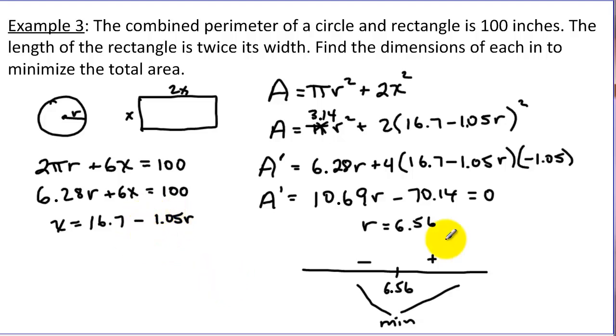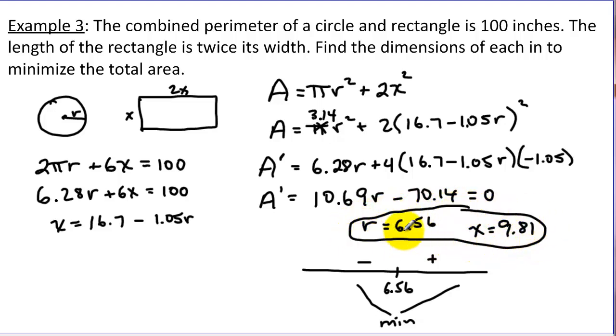And if I do that, I get x equals 9.81. So I have a circle of radius 6.56, and my rectangle dimensions would be 9.81 in this direction and twice that in this direction. So it would be 19.62 in this direction. All right, let's move on.